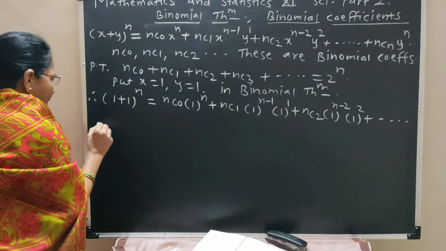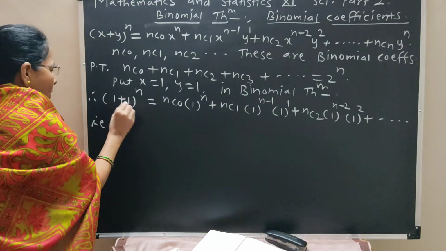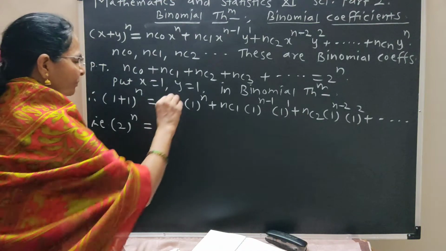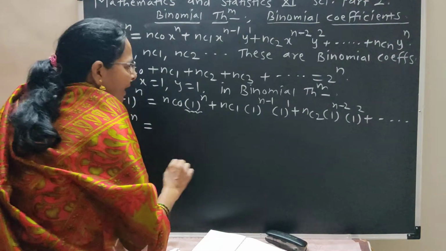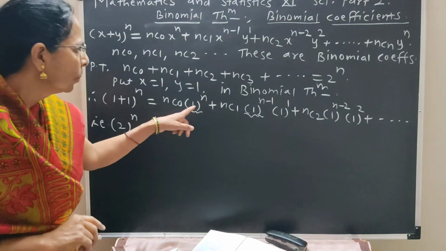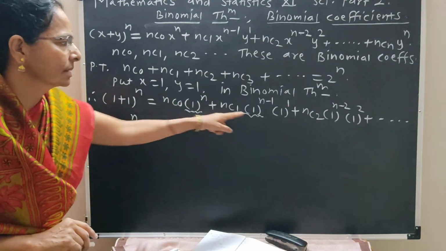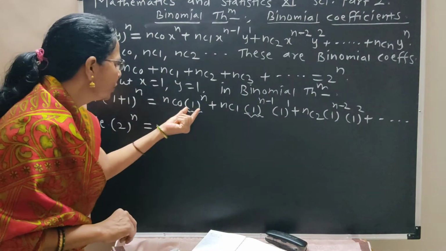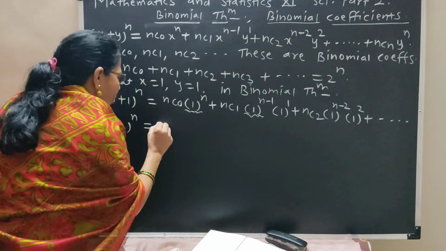Therefore 1 plus 1 is 2 raised to n is equal to... 1 raised to any index, the value is 1. So nC0 into 1 is nC0.